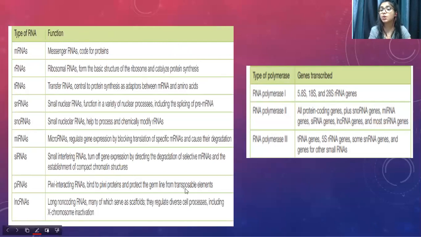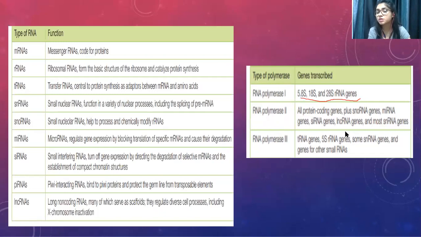RNA polymerase 1 can synthesize the 5.8S, 18S and 28S rRNA genes. If you remember, these are the components of the ribosomes in eukaryotes.